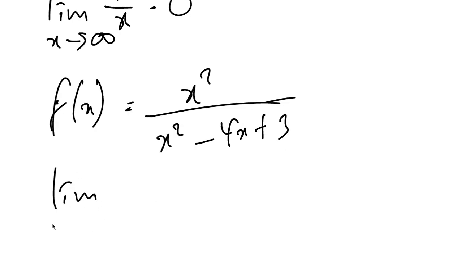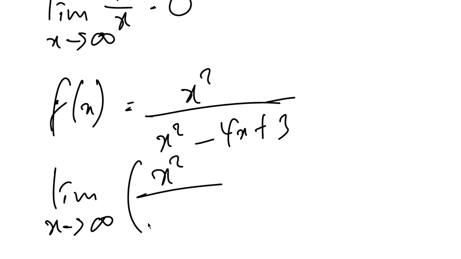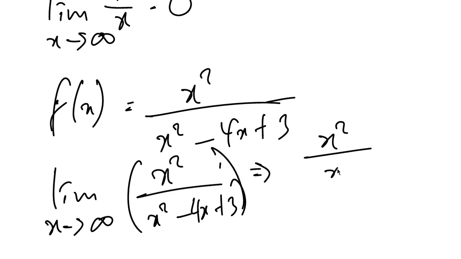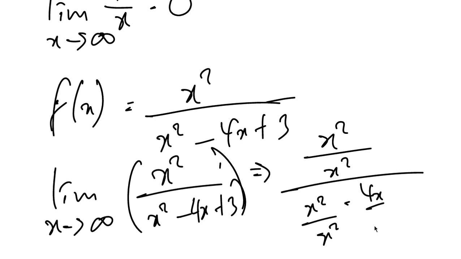You get the limit of the function as x tends to infinity. And to get the limit as x tends to infinity, you divide by the highest power. That will be x squared over x squared all over x squared over x squared minus 4x over x squared plus 3 over x squared.